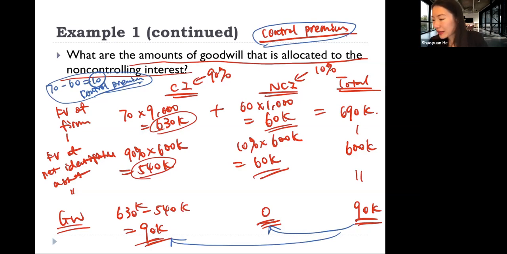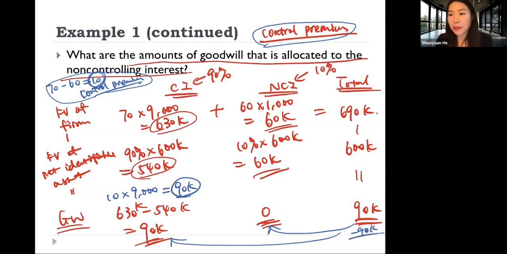So if we take the $10 per share control premium and multiply it by 9,000 shares, which are held by the controlling interest, that is 90,000. After we take out the 90,000 control premium, which belongs to the parent, there's 0 left.